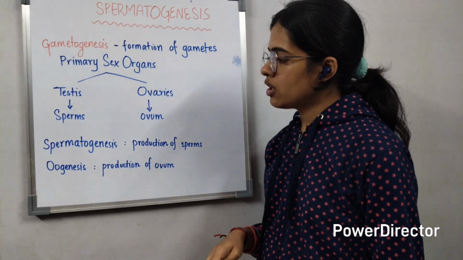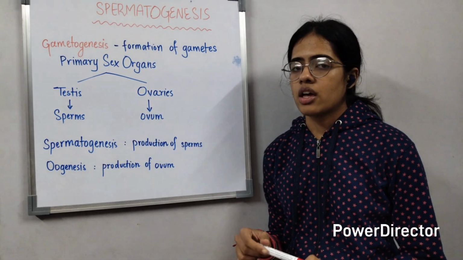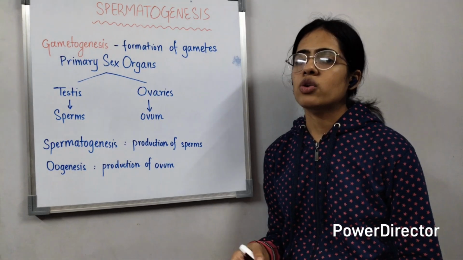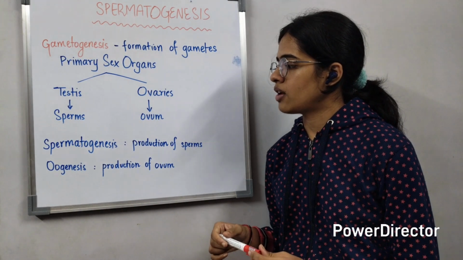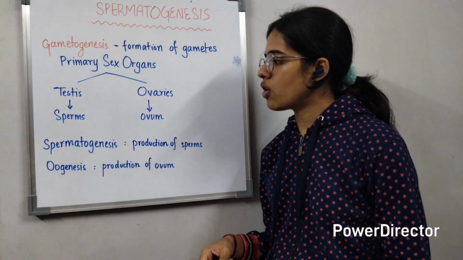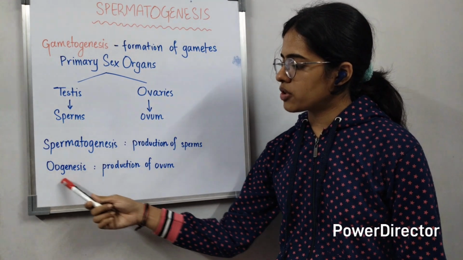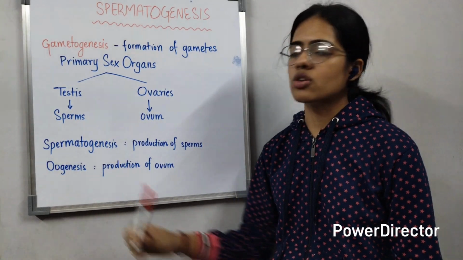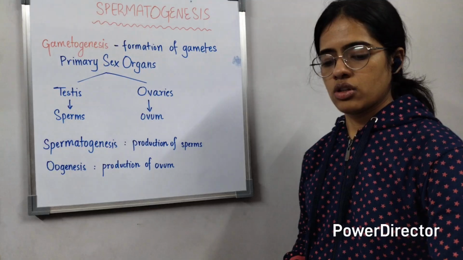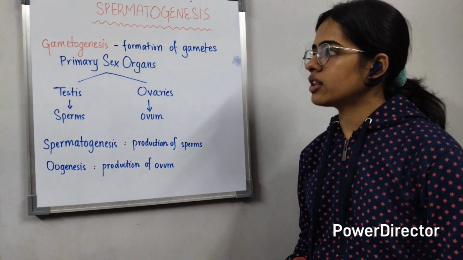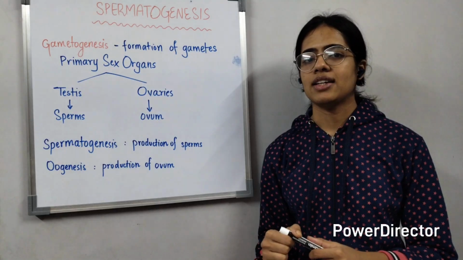Now the production of sperms in testes is called spermatogenesis, which is the topic for the video, and the production of ovum from ovaries is called oogenesis. We'll get into detail, and the topic for today's video is spermatogenesis, which I'll be explaining in detail.